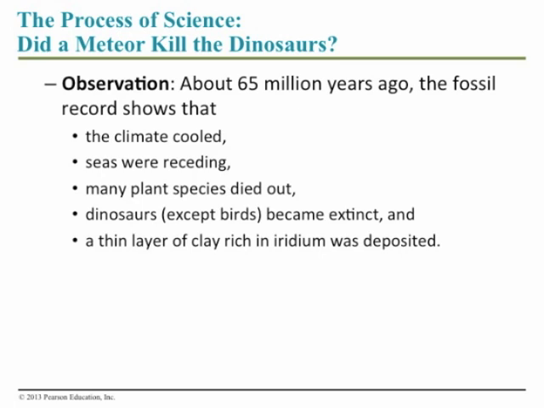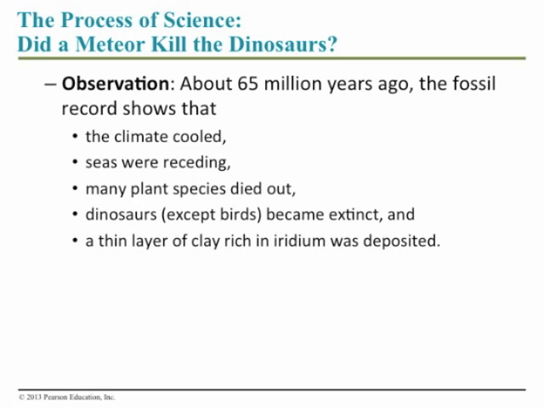What we've observed in the fossil record, and again, this is spelled out nicely in your book, is that about 65 million years ago, there was an overall cooling period where the climate got cooler and cooler. Because of this, the ice caps started enlarging and soaking up a lot of the seawater, so the seas started to recede.